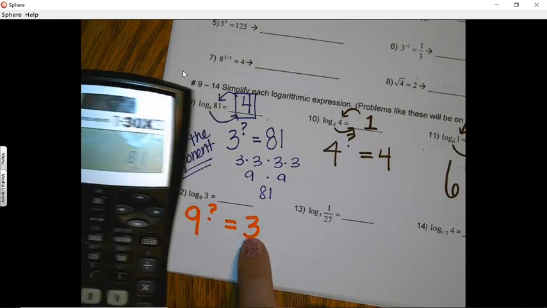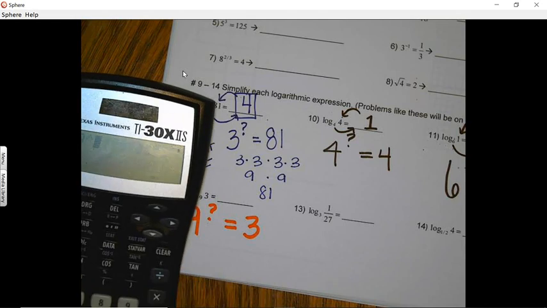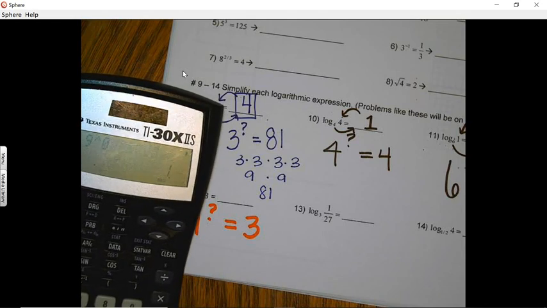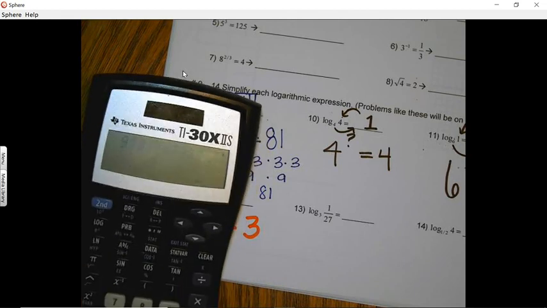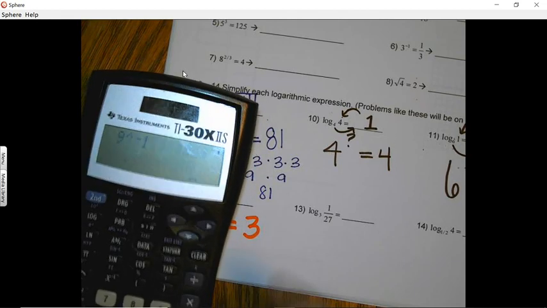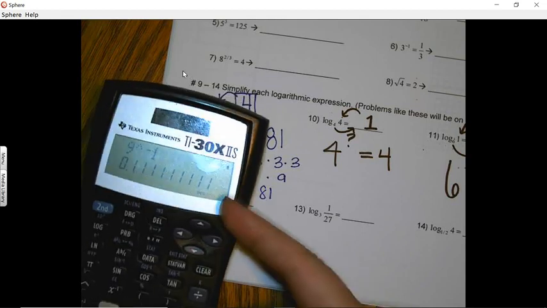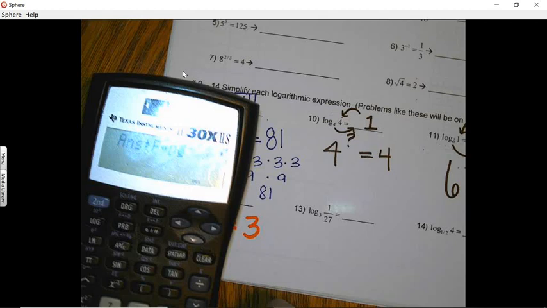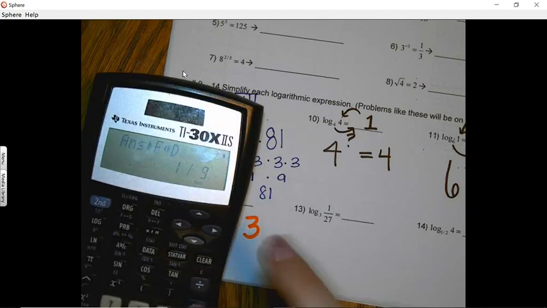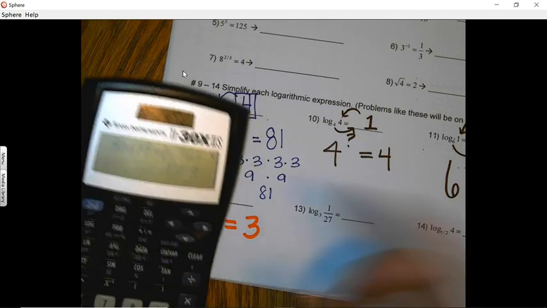A 0 exponent makes it always 1. So we're trying to think of how to get 3. Well, if we make the exponent negative, that just flips it, so it makes it a small value. So a negative exponent isn't working because the 9 would become 1/9. So what are our other options?